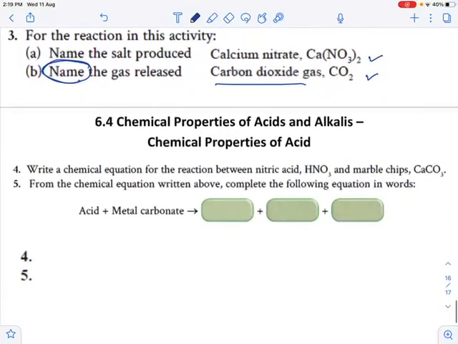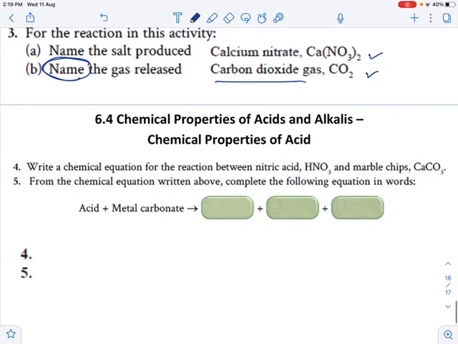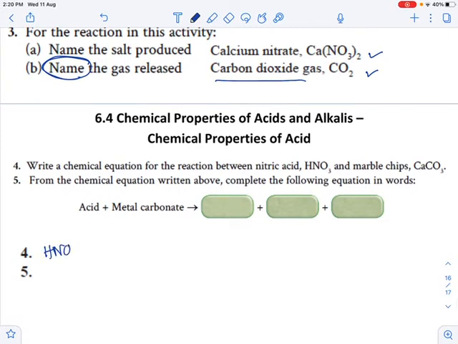Okay, number 4. Write a chemical equation for the reaction between nitric acid and marble chips. Okay, saya tulis sekali lagi. Nitric acid reacts with calcium carbonate to form calcium nitrate plus CO2 plus H2O. So 2HNO3.